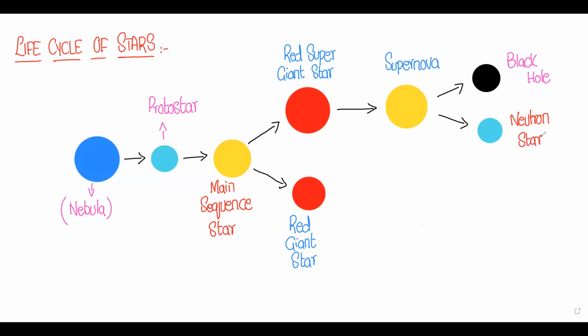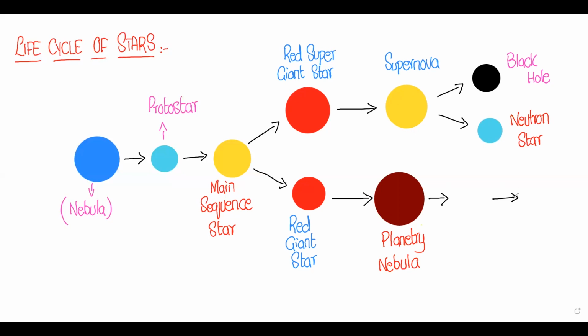And if we follow the path from the red giant star, the red giant will convert into another form which is known as a planetary nebula. This part is known as the planetary nebula, and it will convert in the next step into a white dwarf, then into a black dwarf.